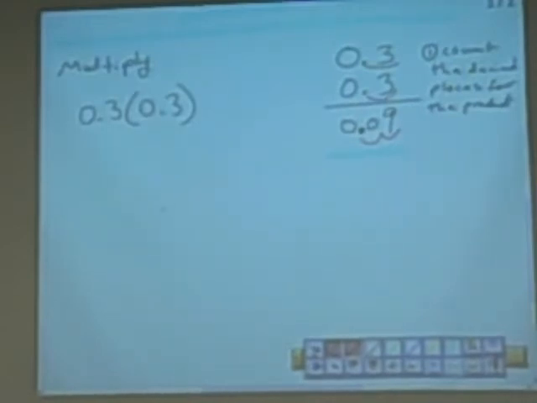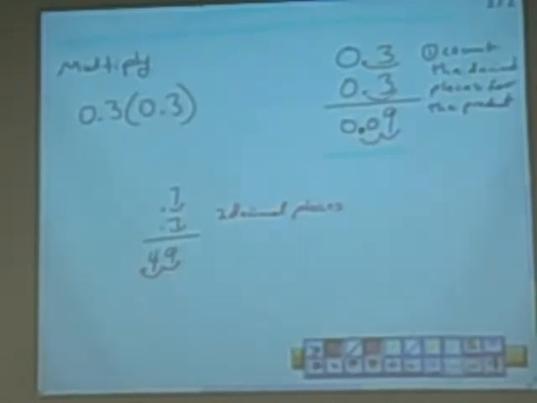So if we have 0.7 times 0.7, well, we have 2 decimal places, right? So we know that 7 times 7 is 49, right? So we're going from the decimal point after the 9, 1, 2 places.